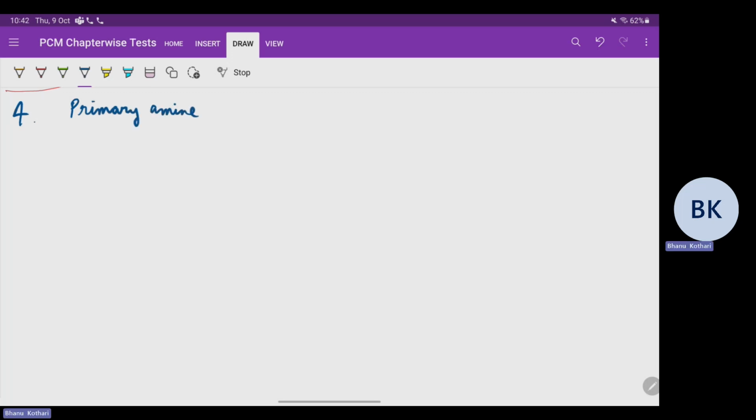So straight away we can reject option B and option D because they contain secondary amines. Further, it dissolves in HCl, so the nitrogen of the amine should have an N-H bond. Only then it will be dissolved in HCl. It can form an ammonium salt if there is an N-H bond.